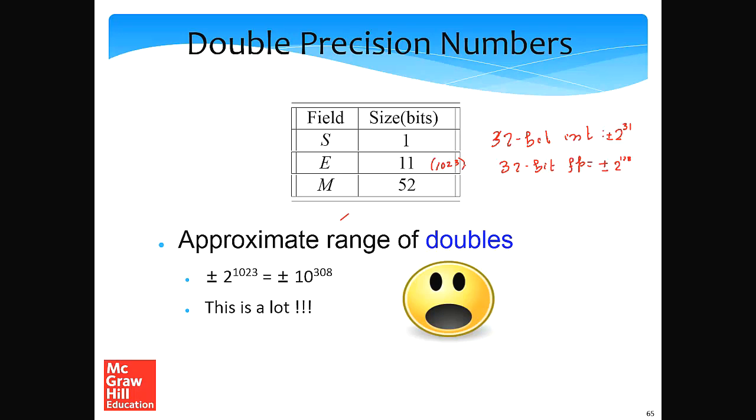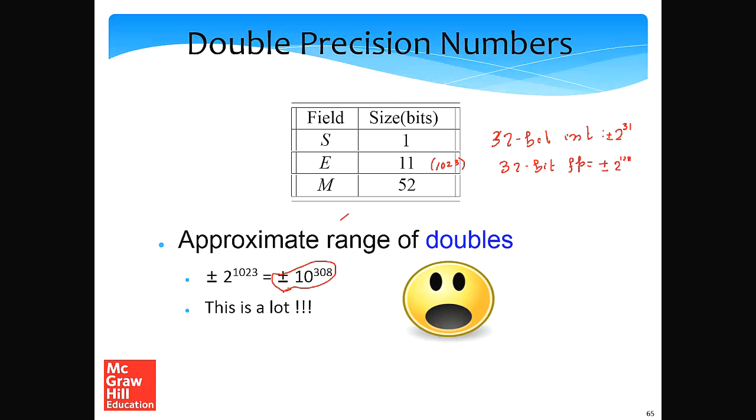And we can cover a much larger range of numbers, from minus 1023 till plus 1023. So the range is typically plus or minus 10 to the power 308, which is a fairly large range, and we would typically not need more than this for most of our calculations.